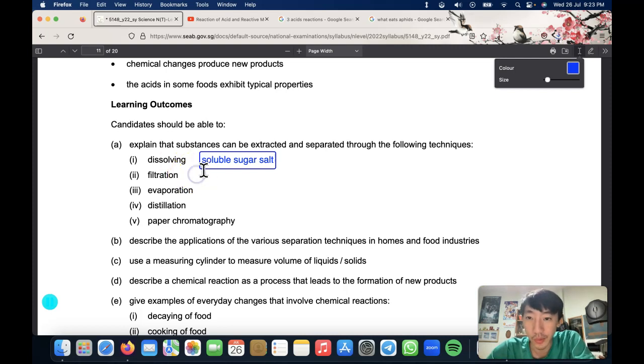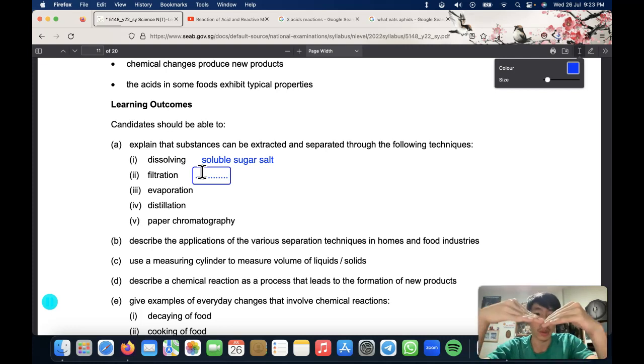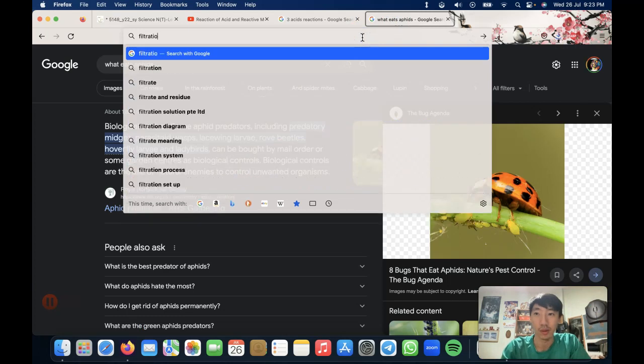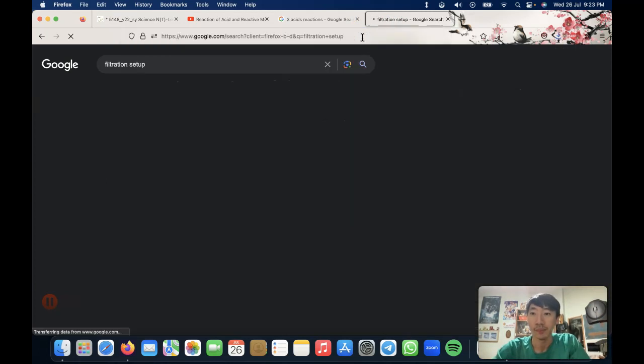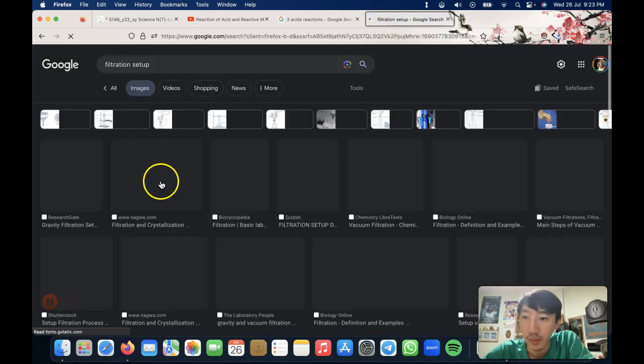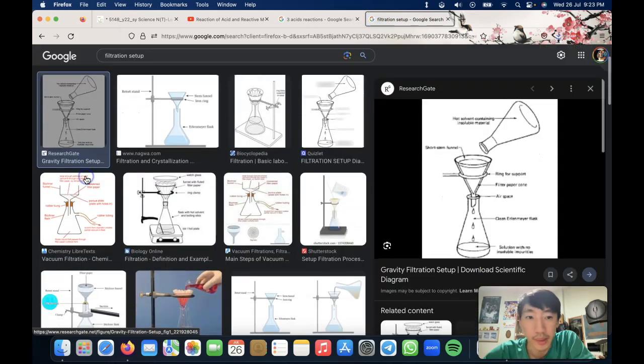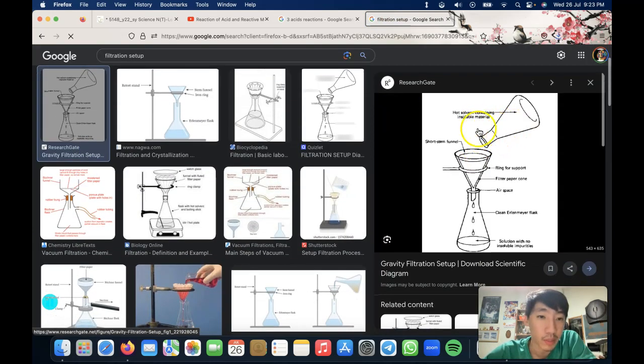Okay, what is filtration? Filtration is very simple also. For example, if you have a piece of filter paper, and then you put something in the filter paper, okay, let me show you a picture, it's easier. Filtration. Okay, so here you have some substance.